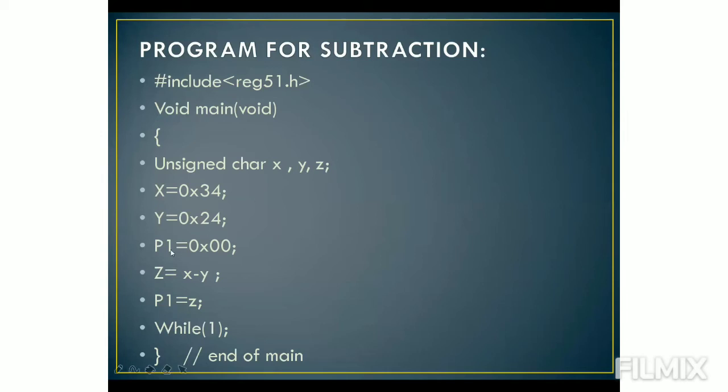Next, we have to configure P1 as output port. So use P1 is equal to 0 hex 00. This indicates P1 is configured as output port. Next, you have to use Z is equal to x minus y. For performing subtraction operation, we have used this negative sign.